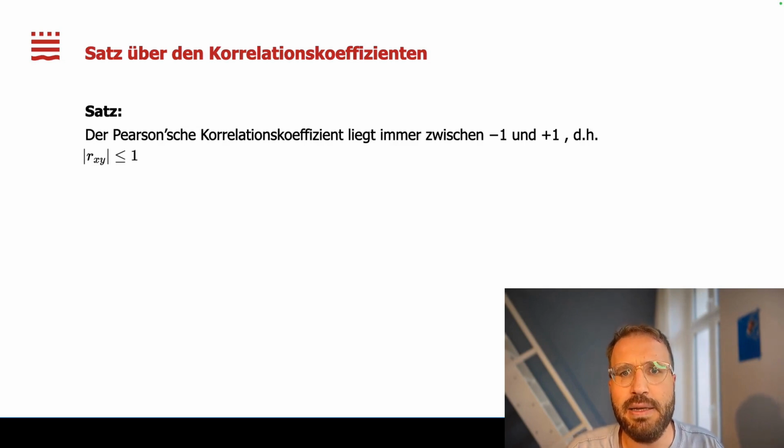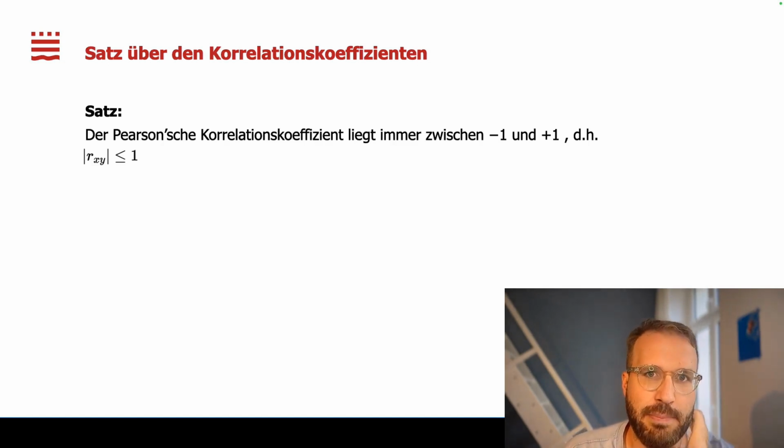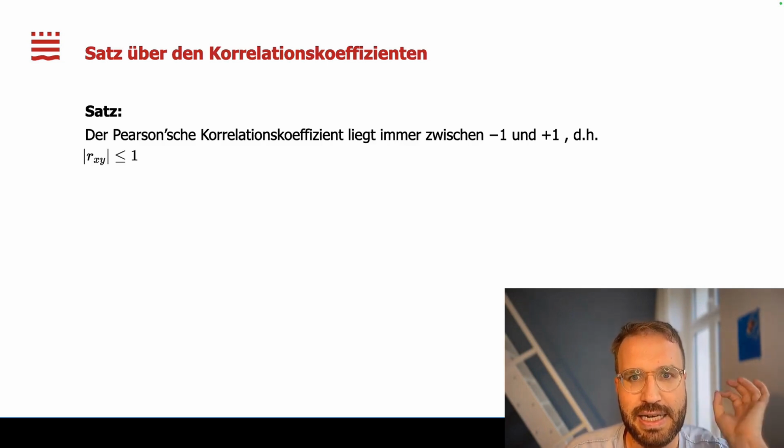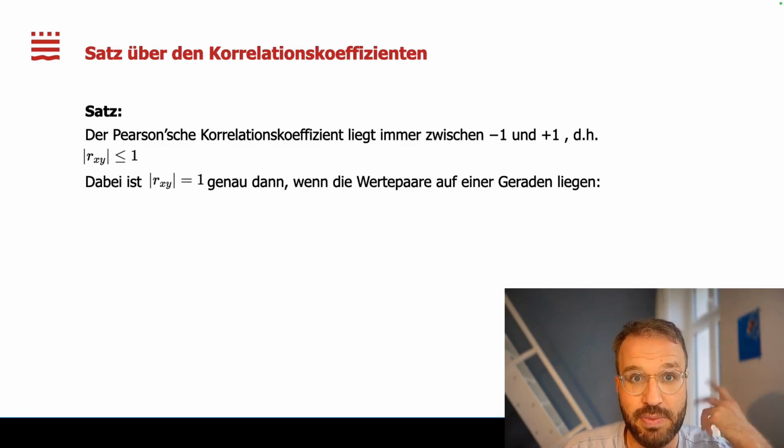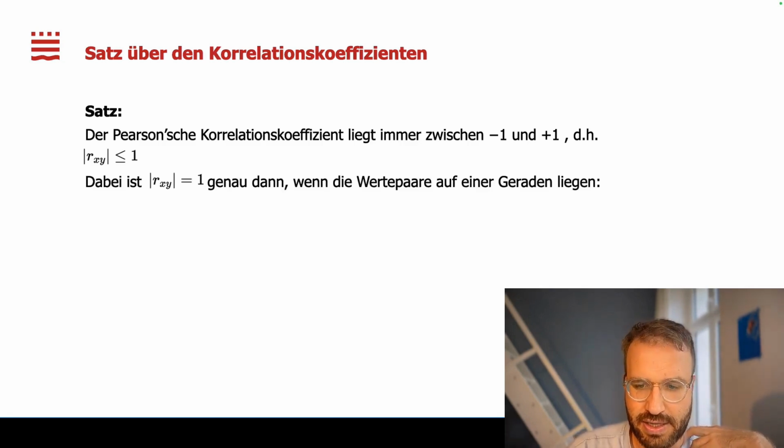And the sentence also describes what happens when the value is actually -1 or 1, which represents the extreme case, so to speak. And the extreme case is that there is an exact, precisely linear relationship between x and y. And that means that the value pairs actually lie exactly on a straight line.